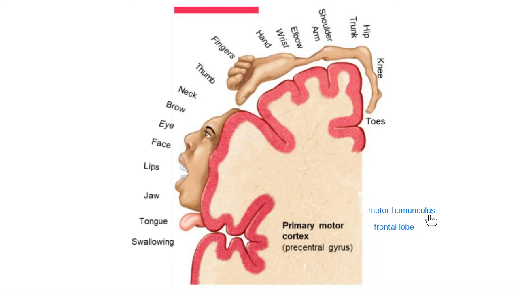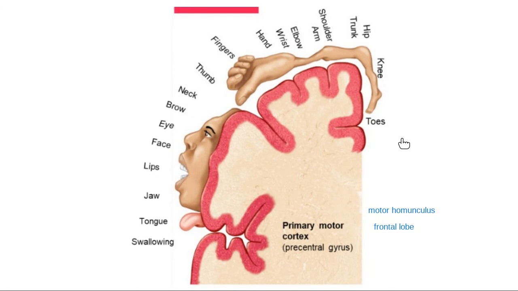Now I want to note, when we're looking at the motor homunculus here, the thing that's in the frontal lobe, this is controlling skeletal muscle. Remind me in the chat, do you or do you not decide when skeletal muscle contracts consciously?